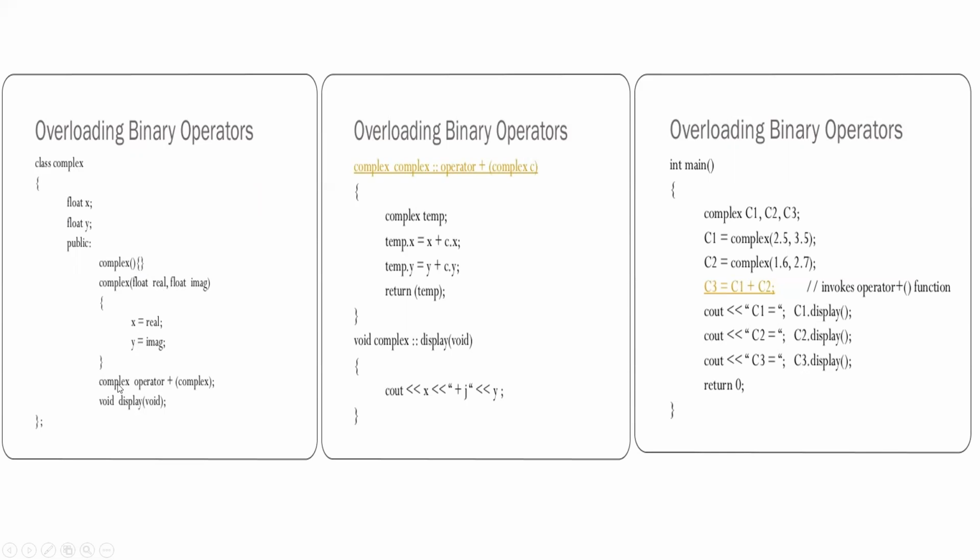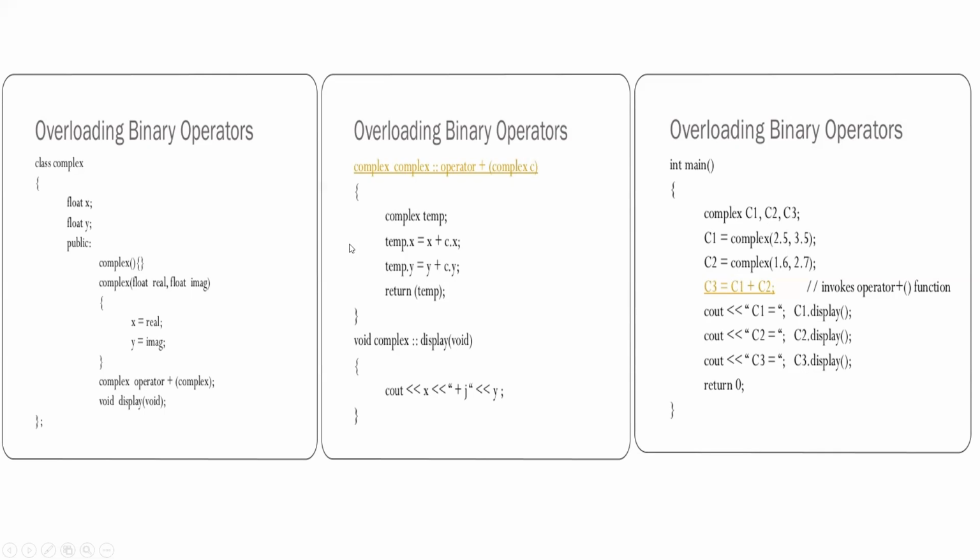So return type is complex, operator plus is the name of the function, और उसका जो argument है that is also complex क्योंकि हमें object की requirement है, void and display. ठीक है, तो एक function को हमने already यहाँ पे define कर दिया है. Two functions are left to be defined. Display में तो कुछ नहीं करना है आपने, cout x plus iota और y को display करना है हमने, so that it gets the value of the form, क्या है यहाँ, हाँ 2.5 plus iota 3.5 ऐसी form आएगी.